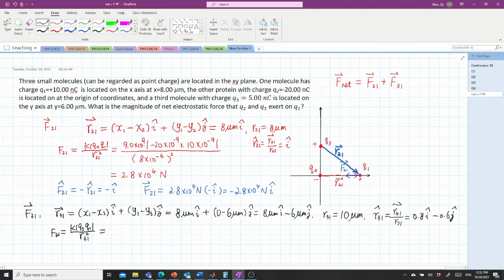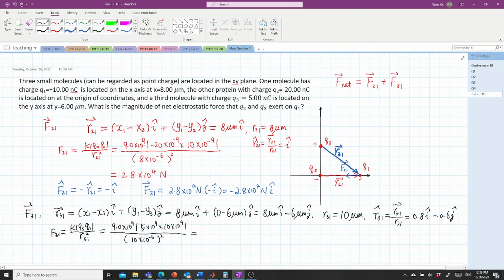This equals 9.0×10^9 multiplied by the charge Q3, 5×10^-9, multiplied by the charge Q1, 10×10^-9, divided by the distance squared, which is 10 micrometers, so 10×10^-6 meters squared.